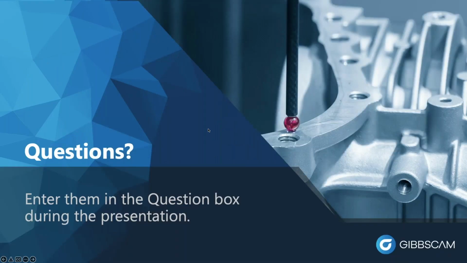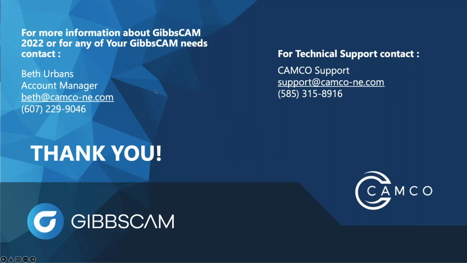Let's go back to our PowerPoint presentation, and let's see if we have any questions in the Q&A box. And it looks like there are no questions in the Q&A box, so we will move on to the next slide in the presentation.